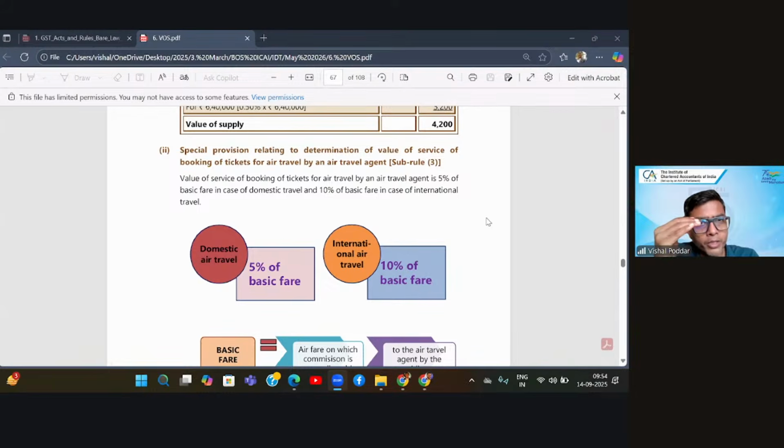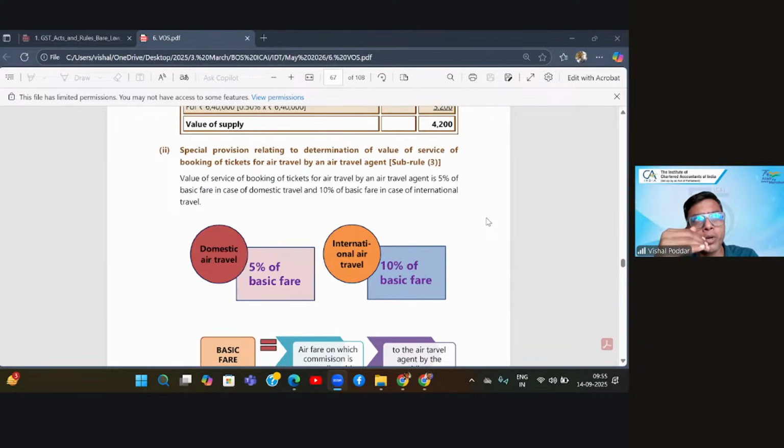The first component is the basic fare. Out of 10,000, the basic fare is 6,000. And then there are some port charges and other charges, and that together makes it 10,000. Now, we are not talking about the valuation of the airlines. That is already done because the airline is giving me these fees.